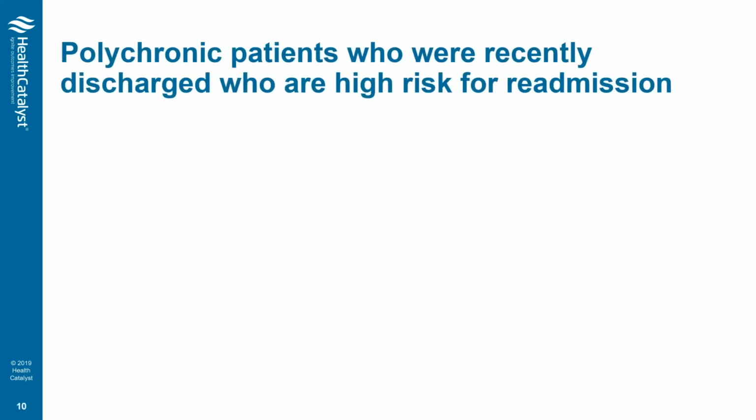To add to the challenges, specifically with stratification, these are the most complex use cases that you can deal with from a population definition standpoint. So if defining a clinical population isn't difficult enough, this is what a typical population health stratification query would look like. Find me polychronic patients who are recently discharged who are at high risk for readmission. And an analyst will know that it's a lot more complicated than it reads.